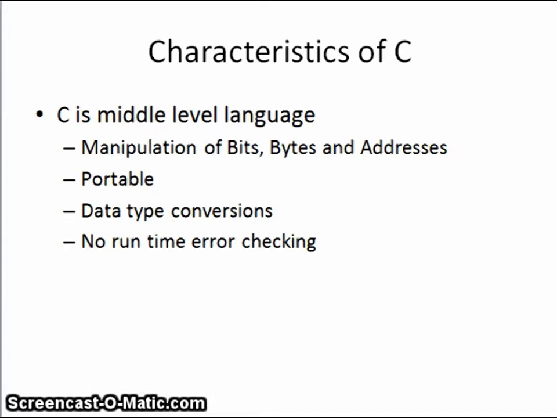It considers it the responsibility of the programmer to manage such things, to manage the hardware resources. Runtime errors are those errors that occur when a process or code is executing. C language doesn't consider these errors.